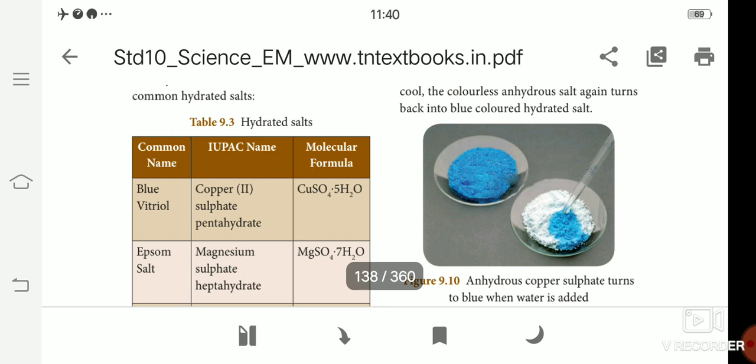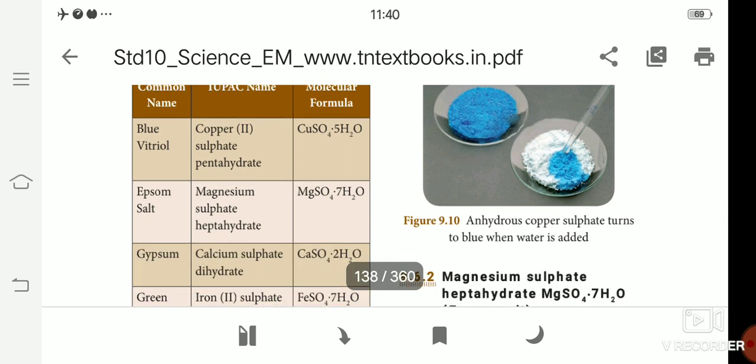The anhydrous copper sulfate turns blue when water is added. This is the copper sulfate pentahydrate example.